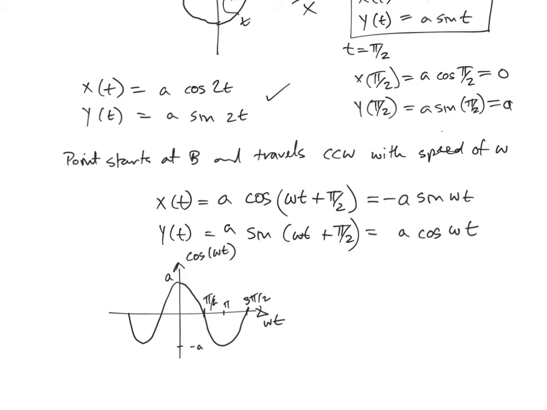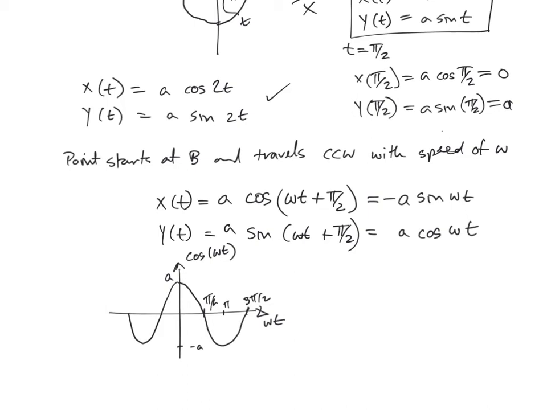And now I push with my right hand, which is on the positive omega t axis, because this is plus pi by 2. So I grab my cos omega t function and I push it with my right hand like that. Okay? If I push it by an angle of pi by 2, what am I going to get?